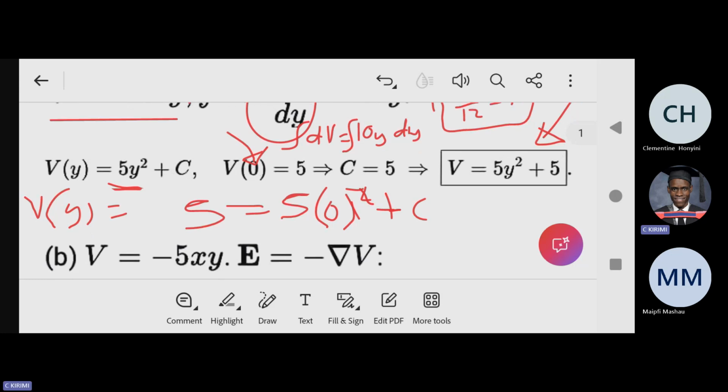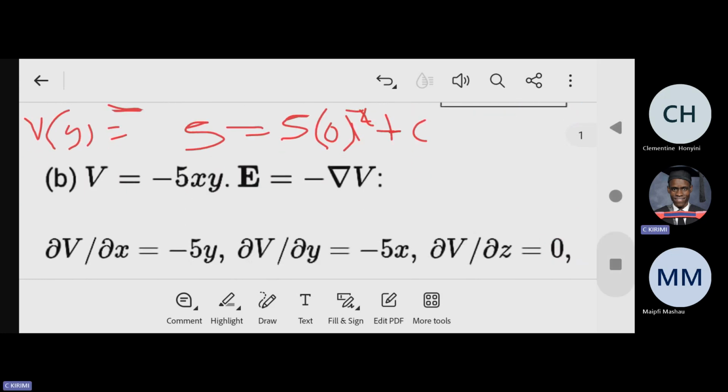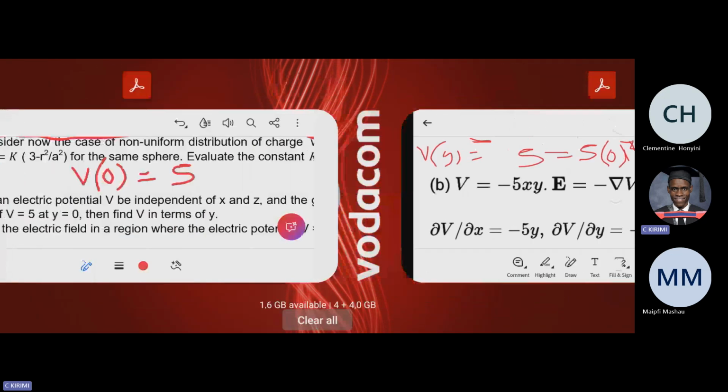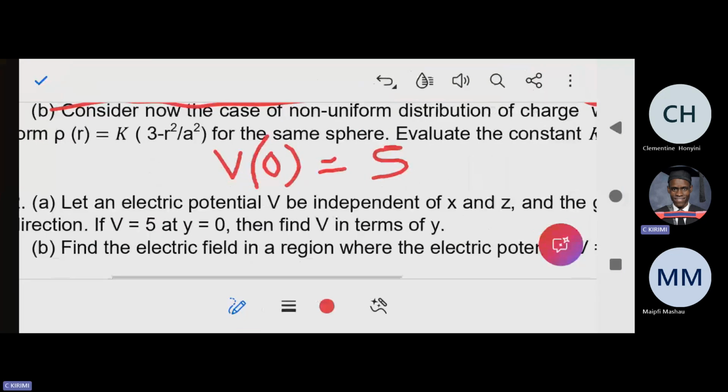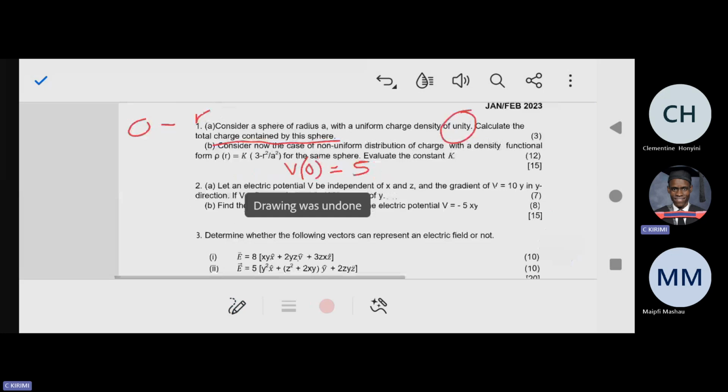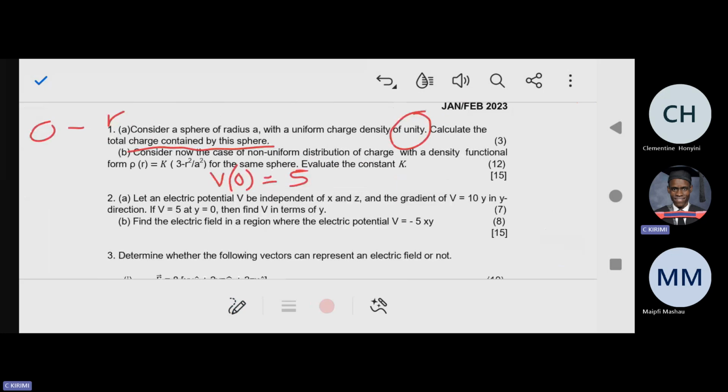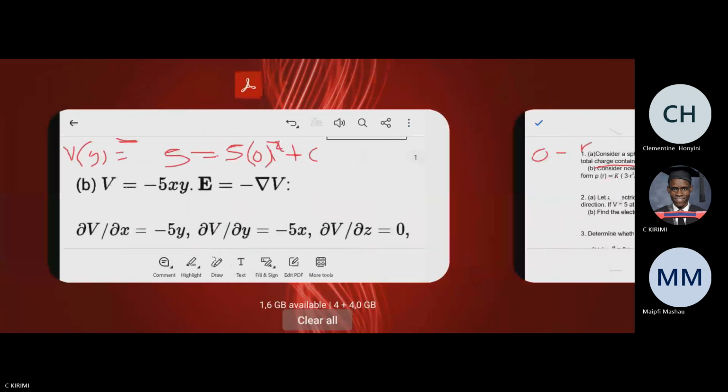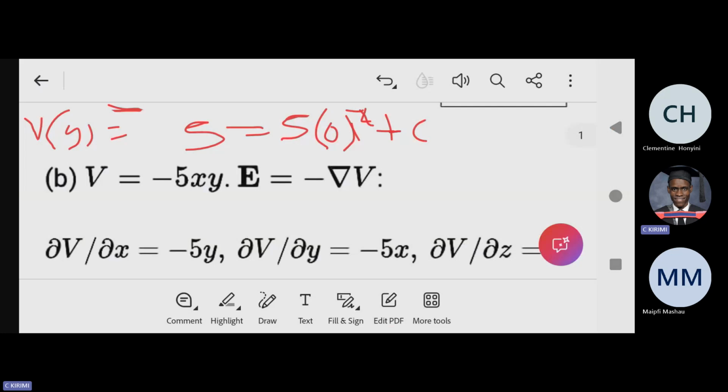Then for B, you want to calculate the electric field where the potential V is equal to minus 5xy. So this is what you do. Your V is equal to minus 5xy.